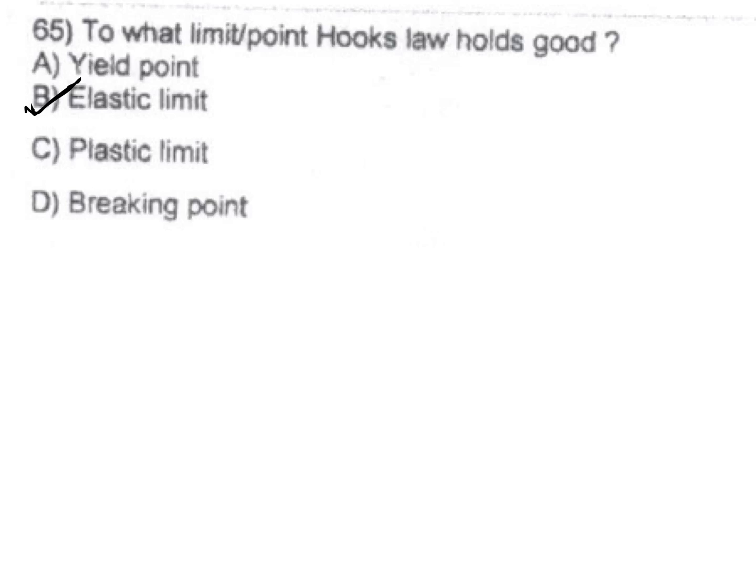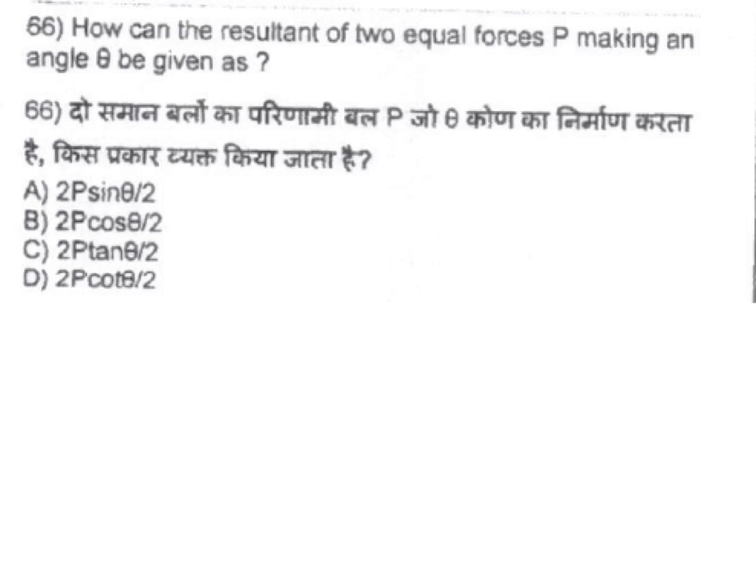How can the resultant of two equal forces P making an angle theta be given as? Here first you have to know this one, cos 2 theta equals 1 minus 2 sin square theta. Resultant R, if two forces are P and Q, is root over P square plus Q square plus 2PQ cos theta.